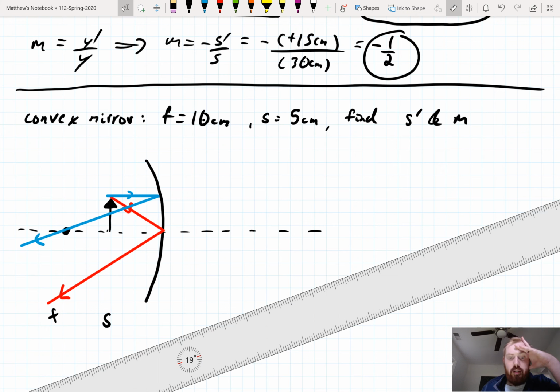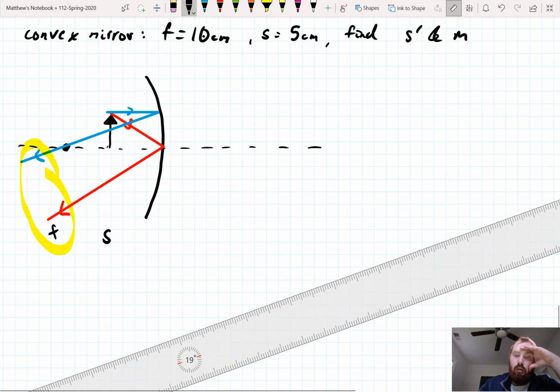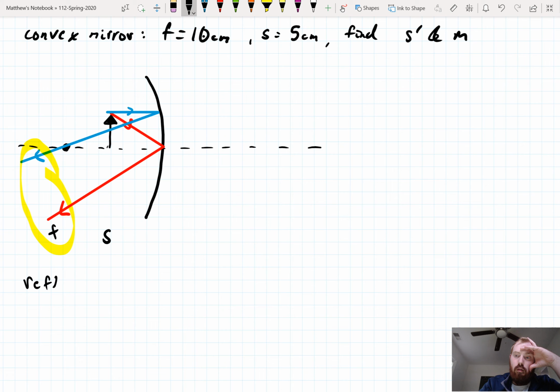All right, notice something. The reflected rays don't converge.